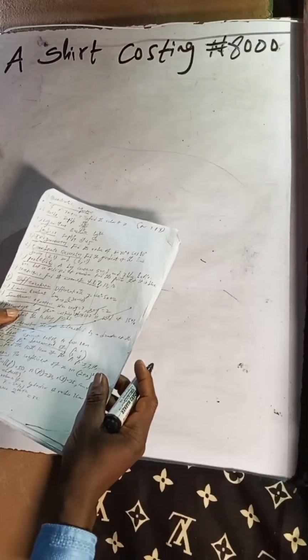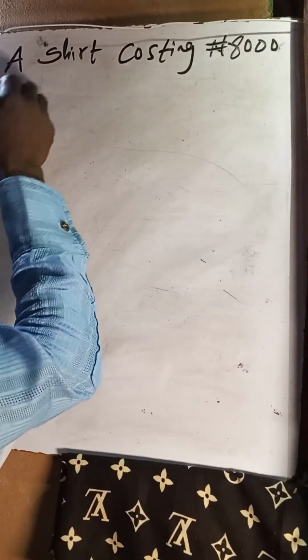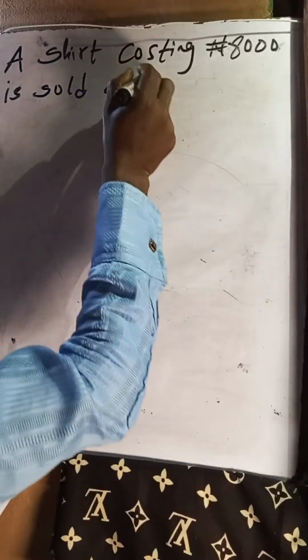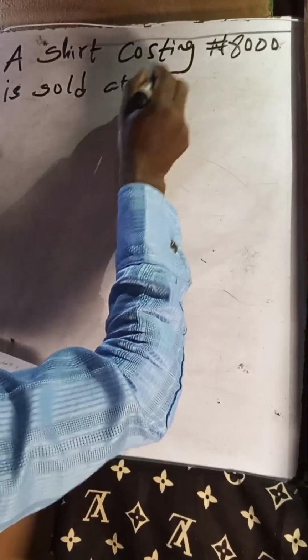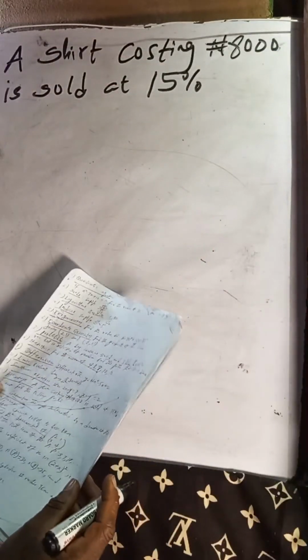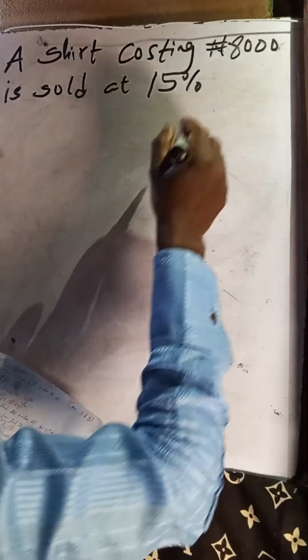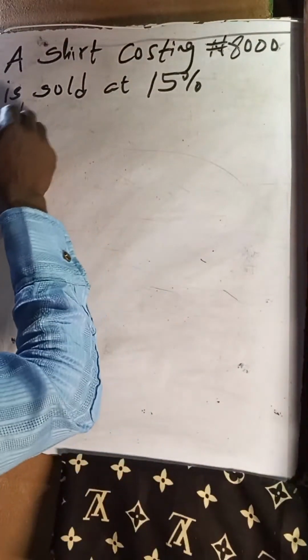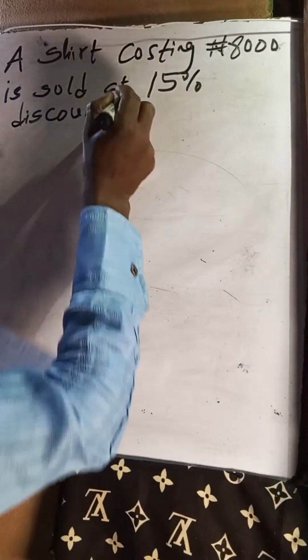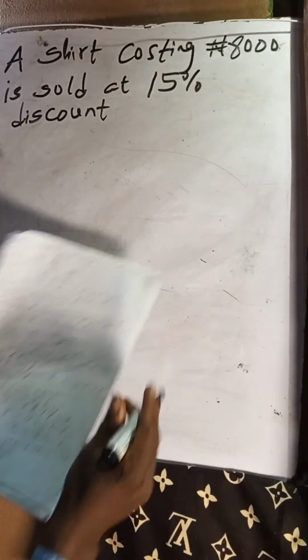Let's use naira. 8,000 naira is sold at 15% discount. Find the selling price.